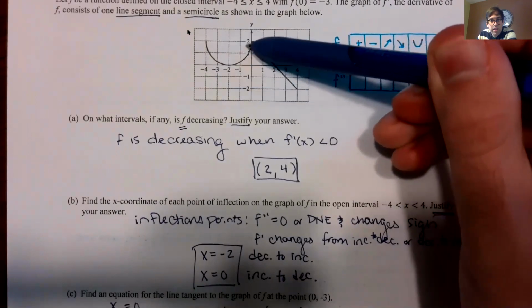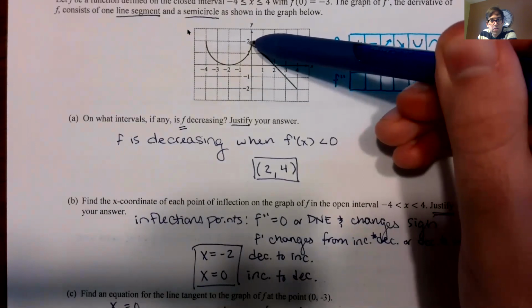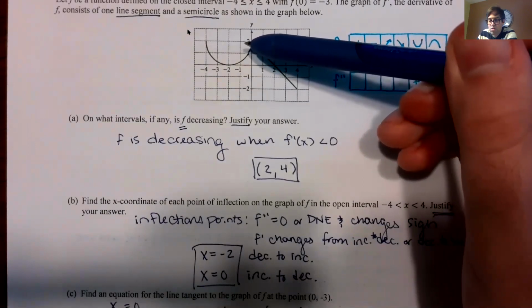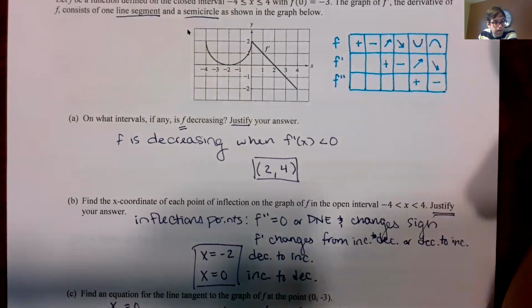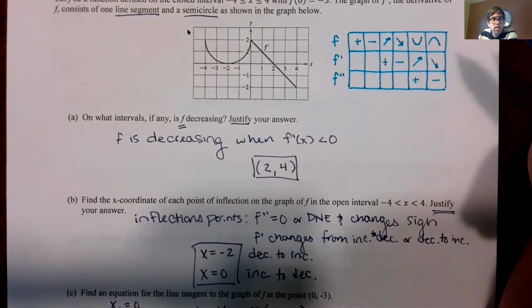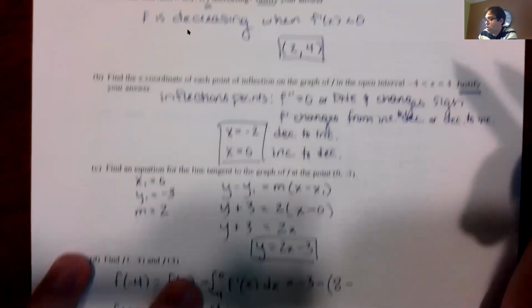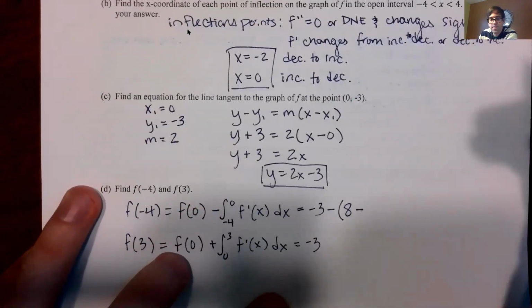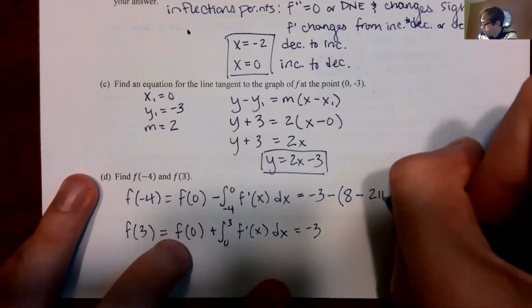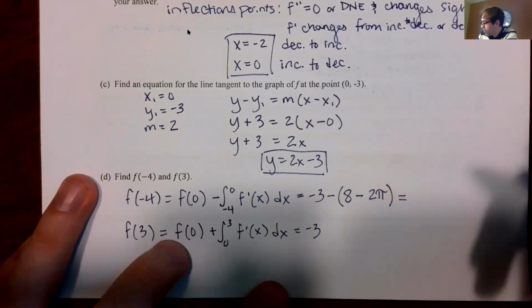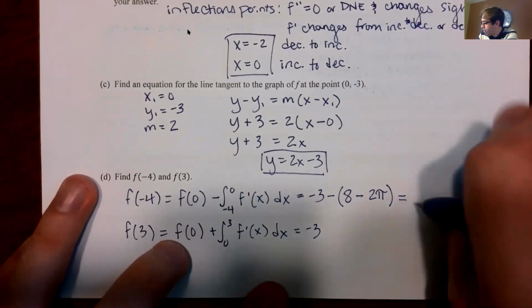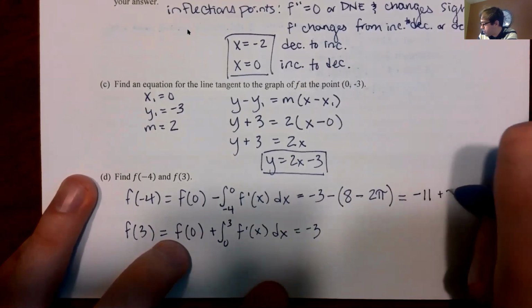So if I subtract this, it has a radius of 2, so pi r squared is pi times 2 squared, so it's 4 pi, but it's only half the circle, so instead of 4 pi, it's 2 pi. And so when we calculate this, we distribute that negative, and we get -11 plus 2 pi.